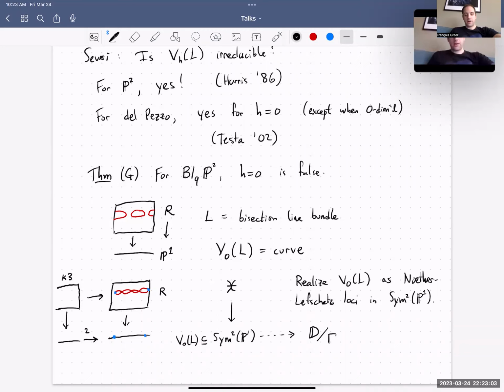Okay, so then that means that our mock modular form, our quasi-modular form theorems can tell us the degrees of all these different Severi curves. So the Severi curves are indexed by their genus, by L squared, which is 2g. So there's a formal power series, which ends up being a weight 10 modular form, which counts the degrees of all these Severi curves as curves inside Sym^2 P1.